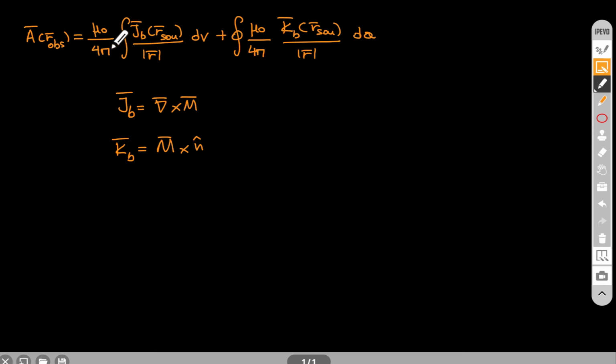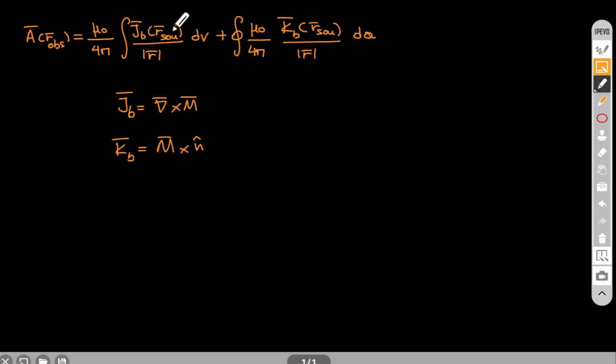Now, the volume integral, other than the constant, is the volume integral of a volume current density, J_B, the bound current density, and this is of course a function of the source position. These volume currents are the source, the ones that create the magnetic vector potential.